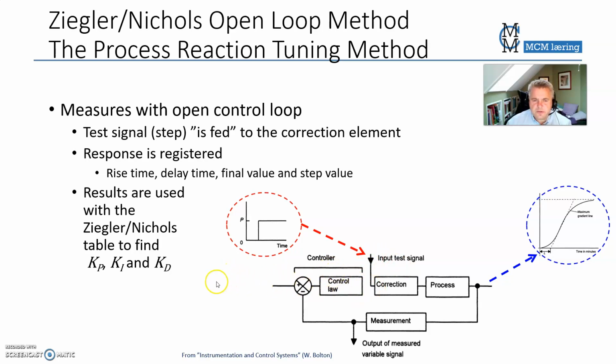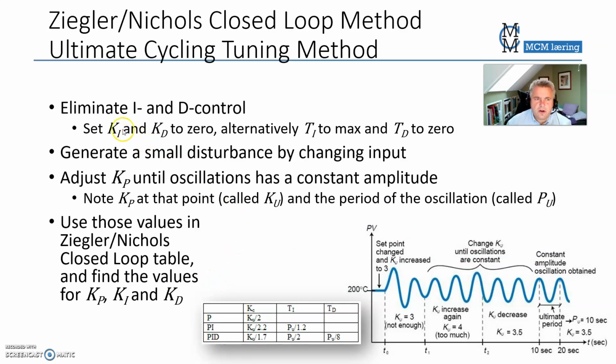And you also start by setting Ki and Kd to 0, which means Ti to max and Td to 0 actually. You generate a small disturbance to the input, and then you adjust Kp until you have stable oscillations. Look, first you generated the disturbance, and you see the K was set to 3, which was too small because the oscillations here gradually decrease.